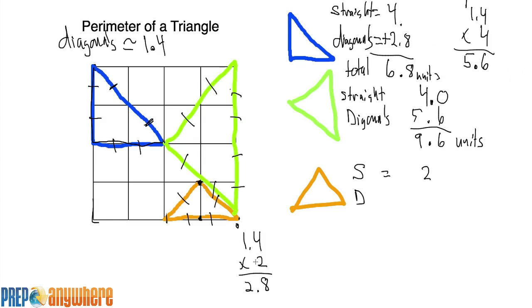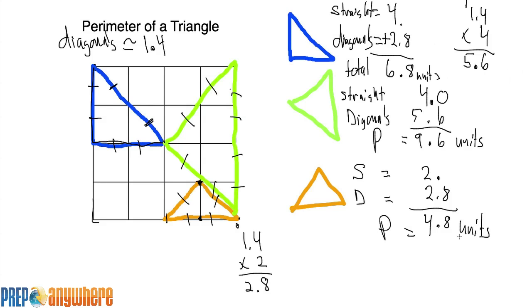I get 2.8, which is the exact same as this blue one's diagonals, 2.8, because there's 1, 2, 1, 2. So this equals 2.8. Add these two together, lining up my decimals. Nothing plus 8 is 8. Decimal stays there. And 2 plus 2 is 4. So the perimeter equals 4.8 units.